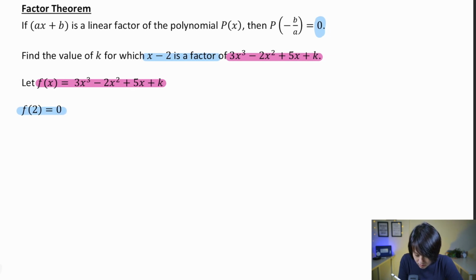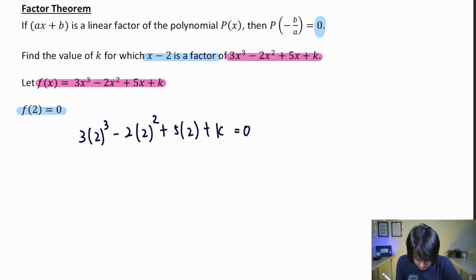So substituting the values inside, we will be able to solve for k. Using your calculator, you realize that k is equal to negative 26. So this is how we apply the factor theorem.